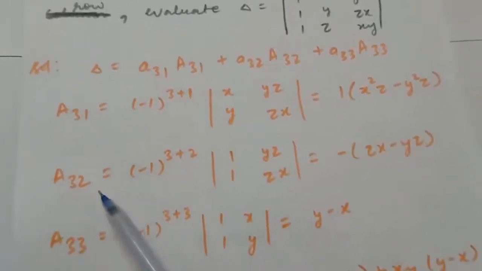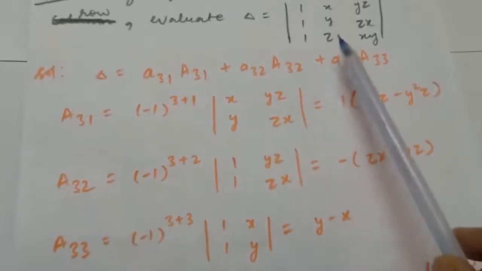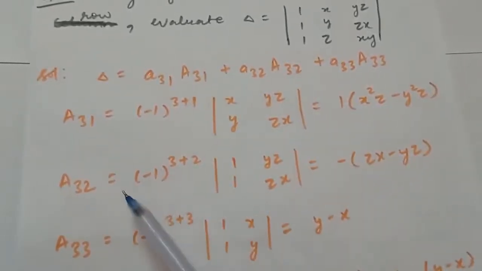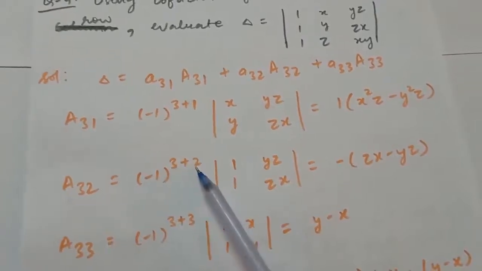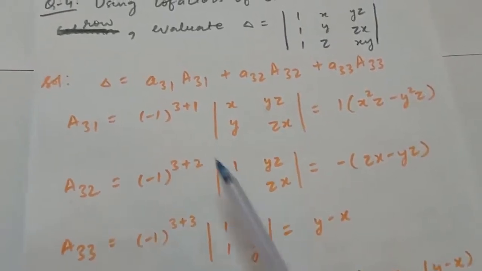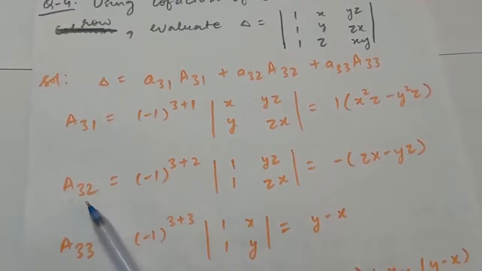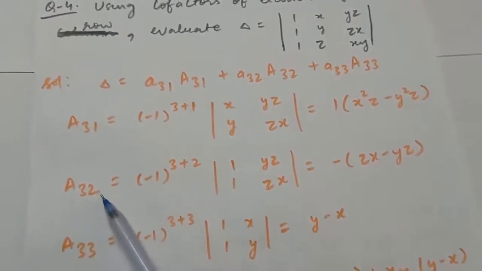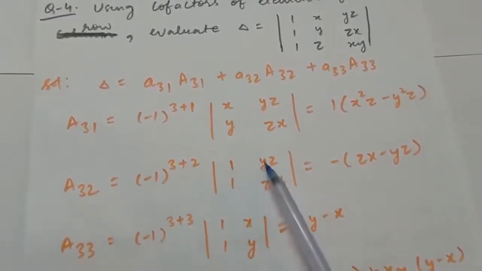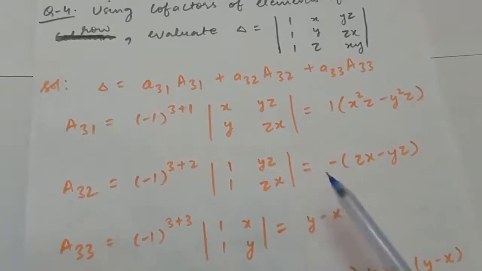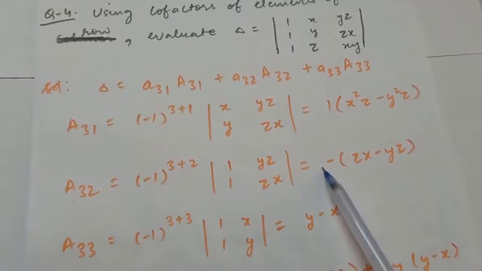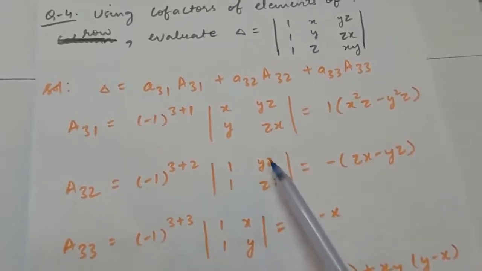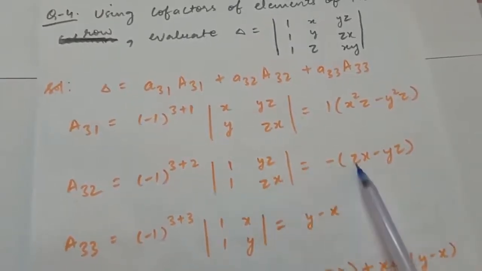Then the cofactor of this element z, which is A32, is equal to minus 1 raised to the power 3 plus 2 into the determinant which you will get after deleting the third row and second column. So it will be 1 yz 1 zx. So it is equal to, now this will be minus 1 into zx minus yz.